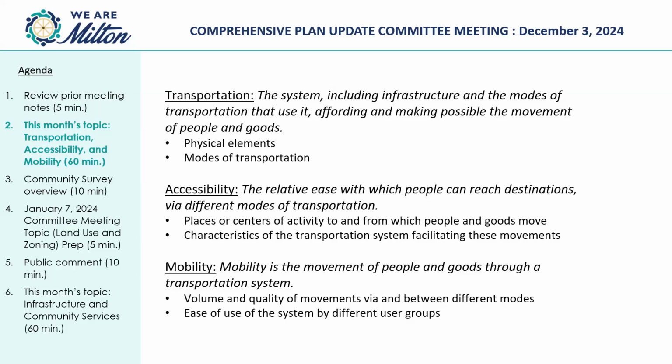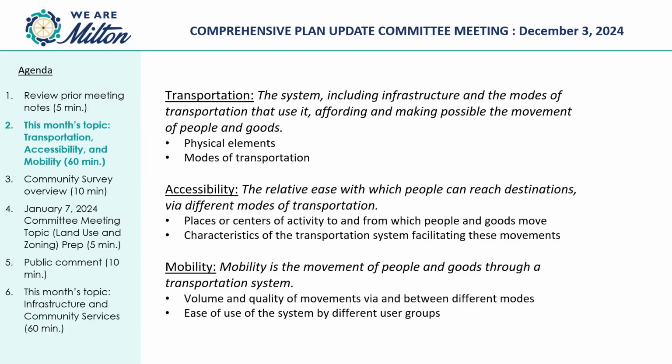And then mobility is the use of that system. It's about the volume and quality of those movements, and I would put under it things like safety and the condition of the system's various elements. You can measure this in different ways, like average annual daily traffic, a common measure of the amount of vehicle traffic a road sees.